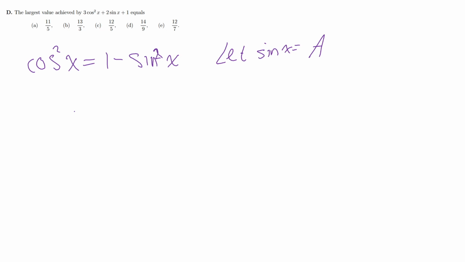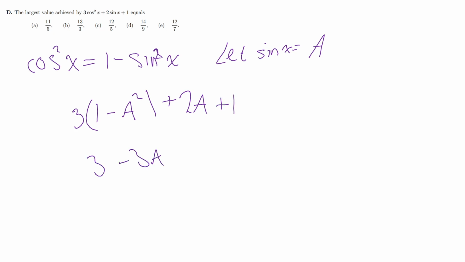So we have 3 lots of our cos squared x. We're now replacing that with 1 minus a squared, plus 2a, plus 1. So we have 3 minus 3a squared plus 2a plus 1.